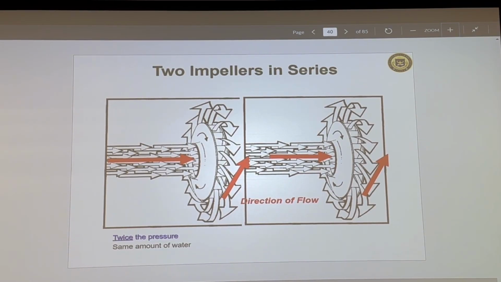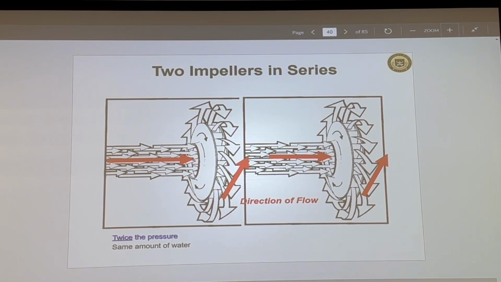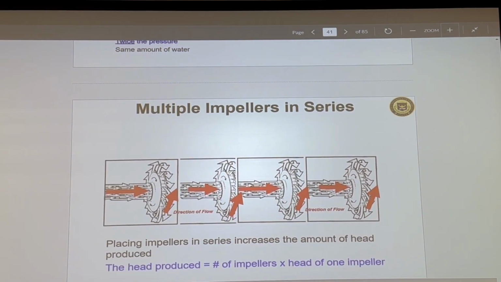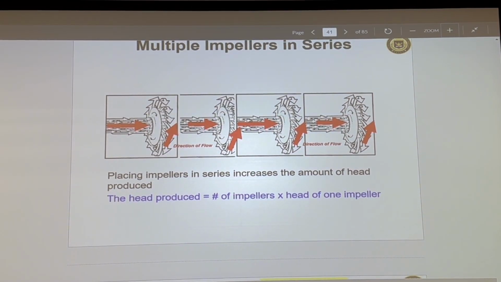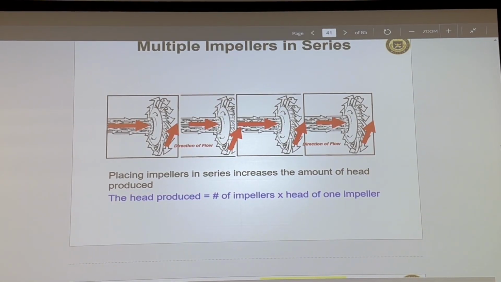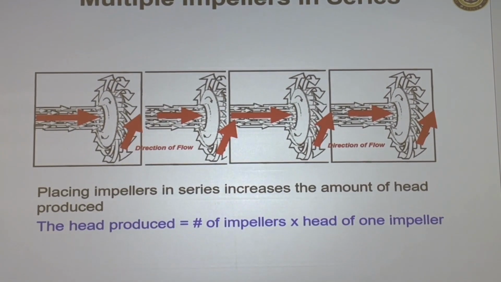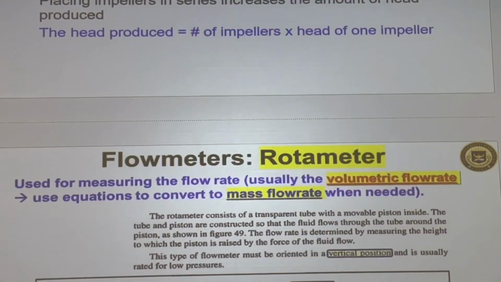So I can put two impellers together and get my 200 kPa. In multiple series, if you want an even higher pressure, you can line up 2, 3, 4 impellers, provided you have the room for the casings and things like that.